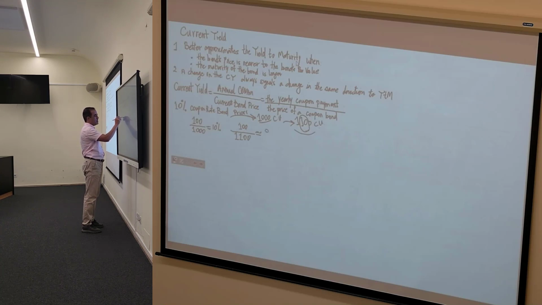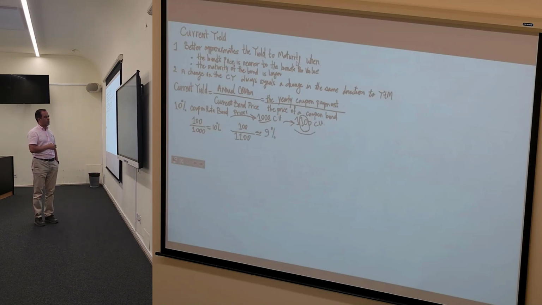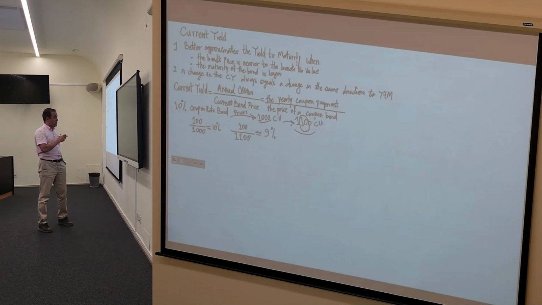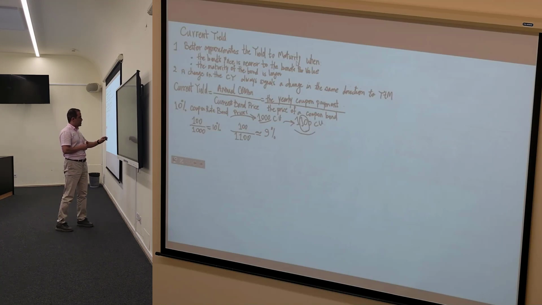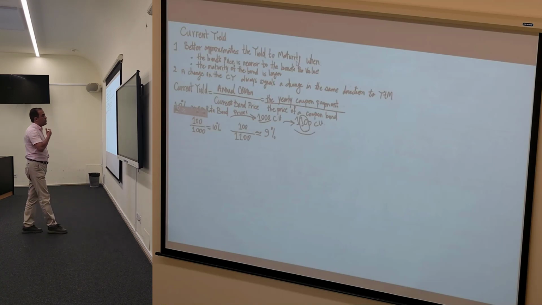More or less 9%. Okay. So the price changes from 1,000 to 1,100, and as you can see, the current yield decreased from 10% to 9%. Okay.